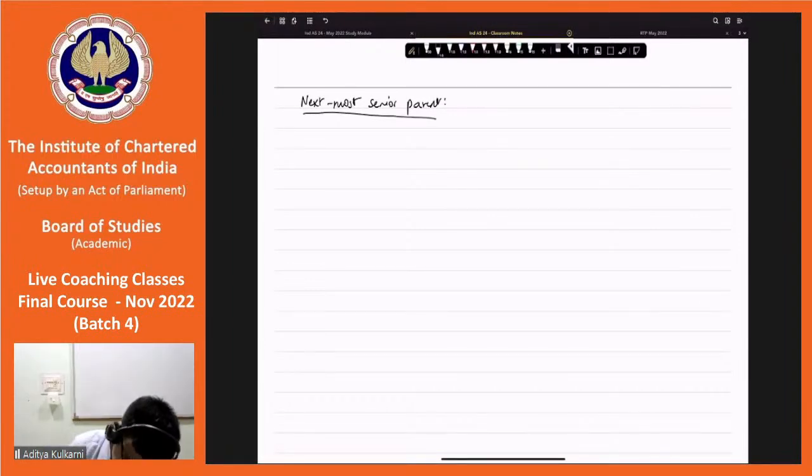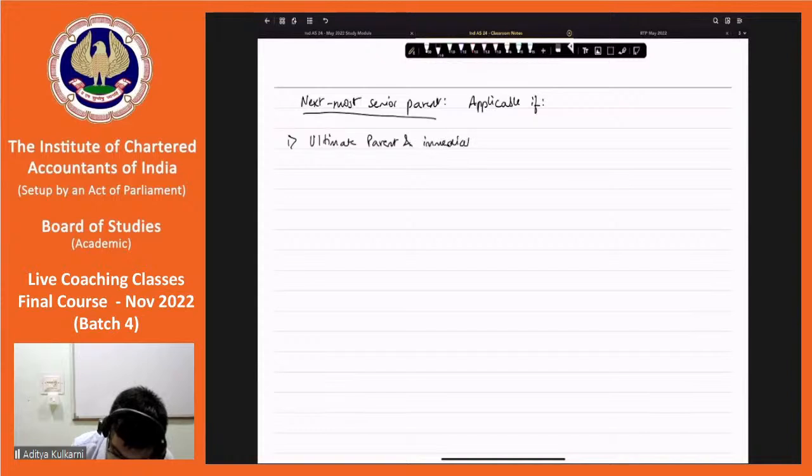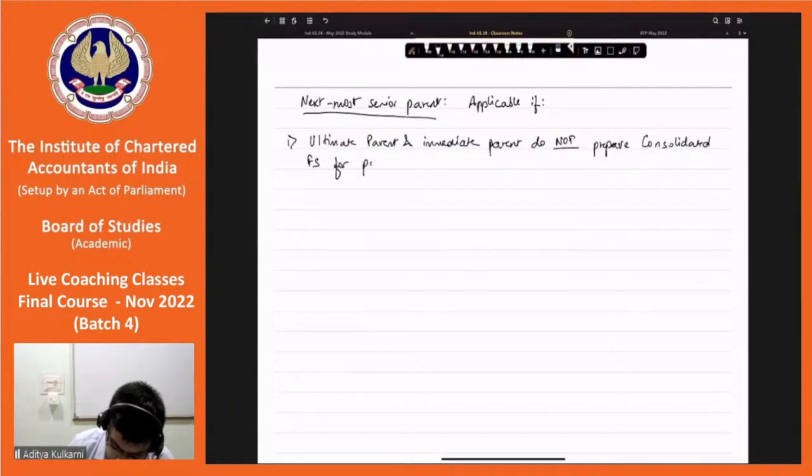This is applicable if, first, the ultimate parent and immediate parent do not prepare consolidated financial statements for public use.